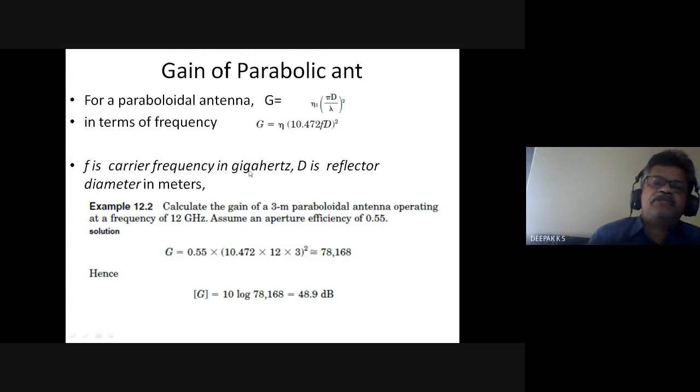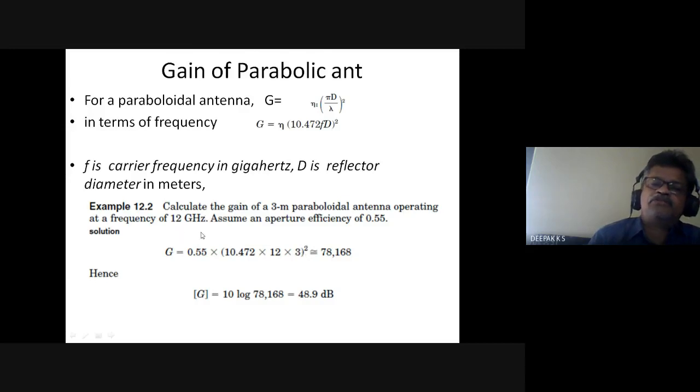F is the carrier frequency in gigahertz. In this equation, you put F in gigahertz, D is the reflector diameter in meters, and you would get the gain. So this is a problem just showing how to calculate the gain. A 3-meter paraboloid antenna refers to this D, the largest dimension of this antenna.